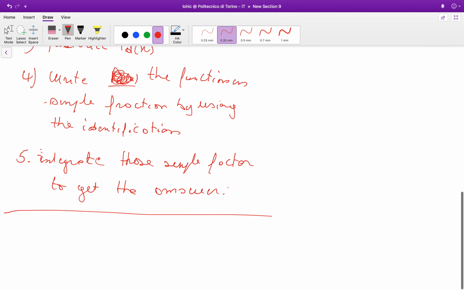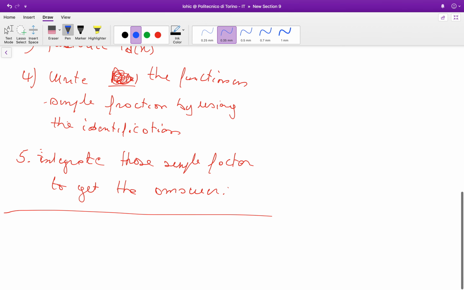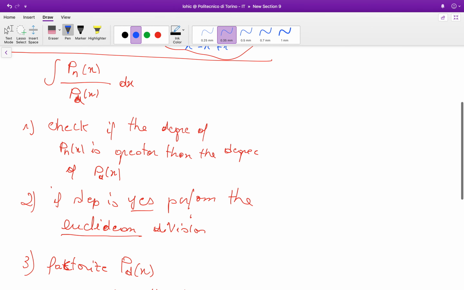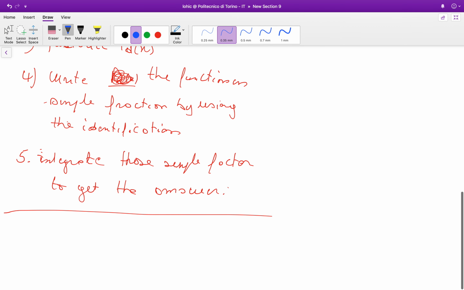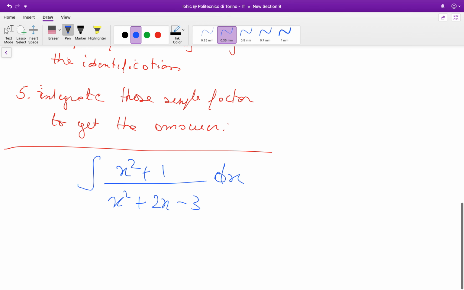Nice. I think it could be great if we do an example. Here the step condition is greater or equal. I don't want to make the lecture very long, so let's take the integral of x squared plus 1 over x squared plus 2x minus 3 dx.